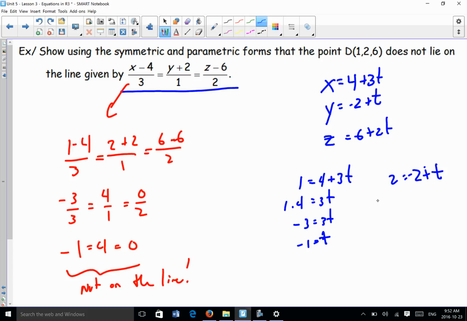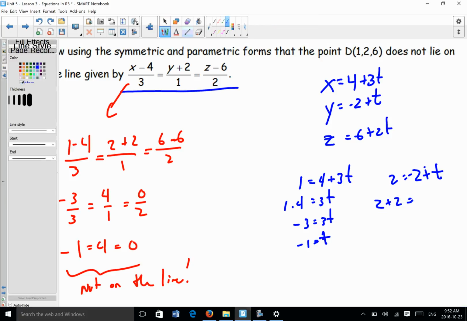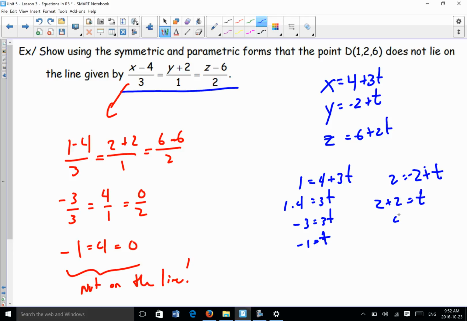If I solve that, I get 2 plus 2 is t, so 4 equals t. And obviously 4 equals t and negative 1 equals t are different. We don't have to worry about the z one, not on the line.